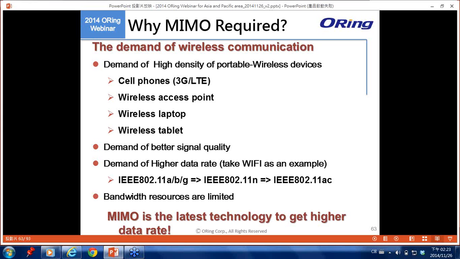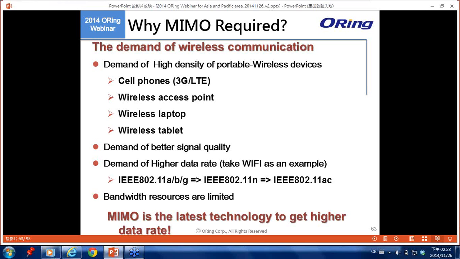So researchers spend their lives developing new technologies to improve it. A new technology for wireless communication called MIMO is commonly used in recent years. MIMO stands for multiple input and multiple output, which is the technology to utilize multiple antennas for transmitters and receivers to construct multiple spatial streams, just like multiple communication channels, to get higher data rates.